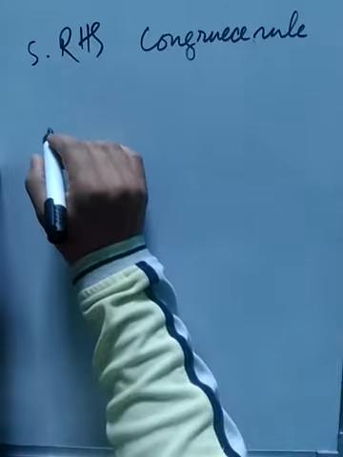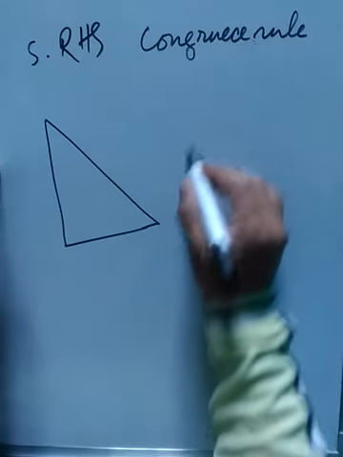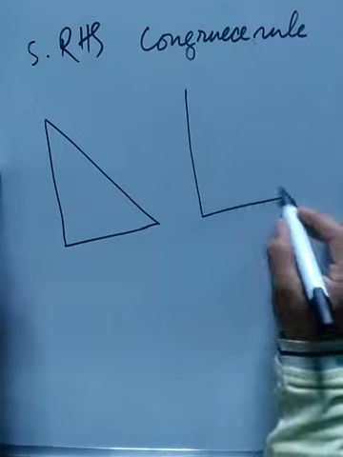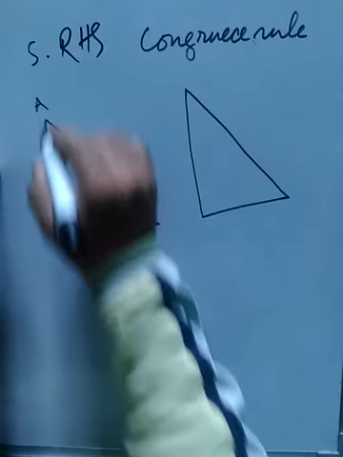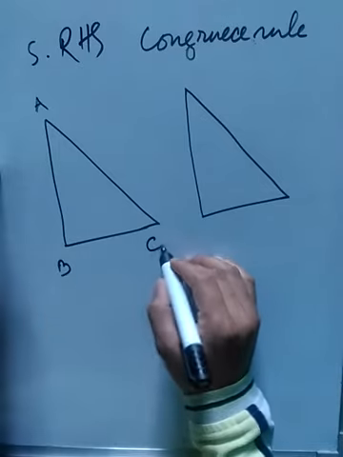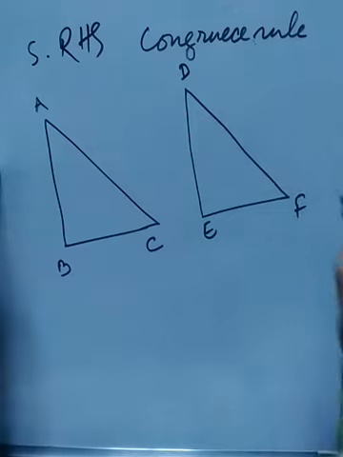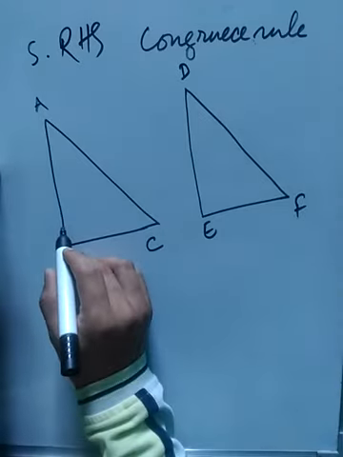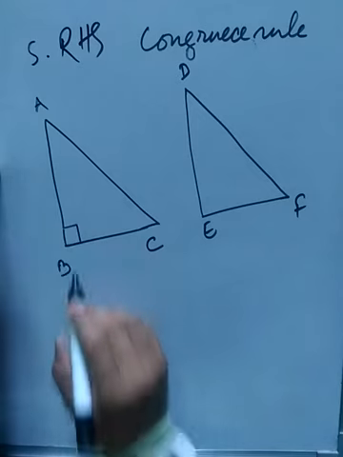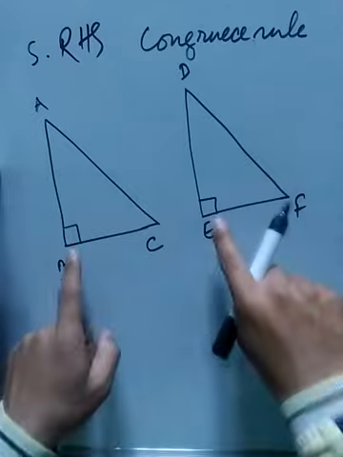So let me draw here any right angle triangle. A, B, C, D, E, F. Okay, the first one is right. So this angle is 90 degrees and this also 90 degrees. Right.